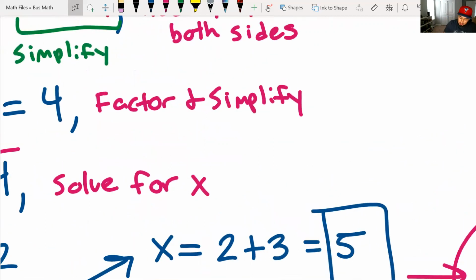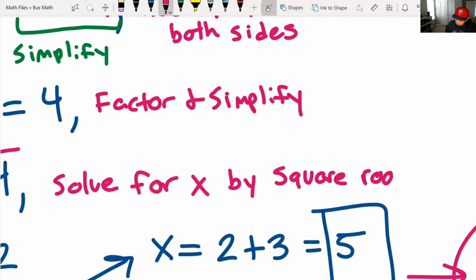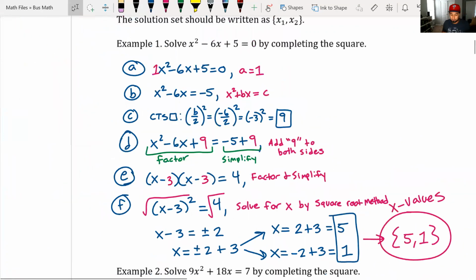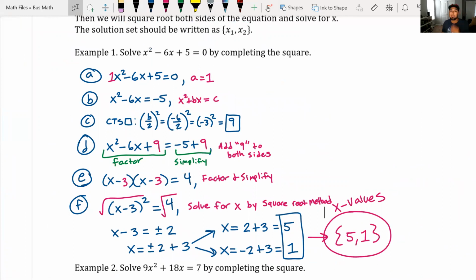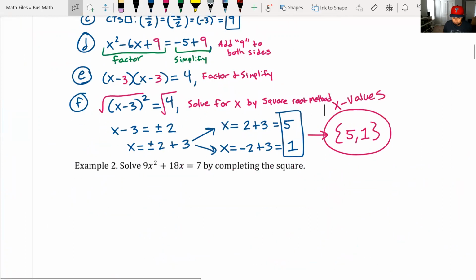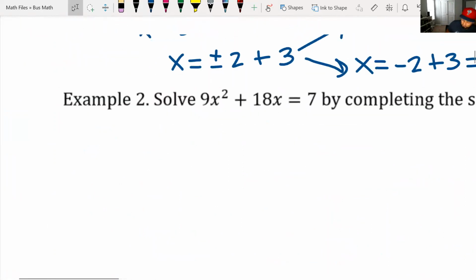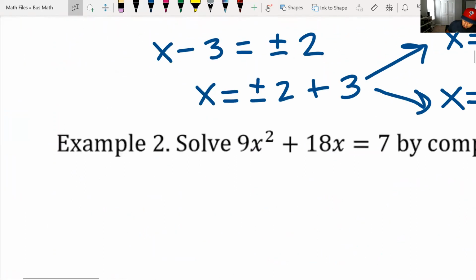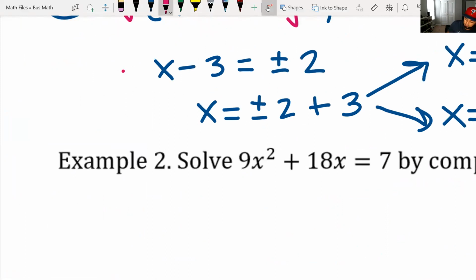I'll say solve for x by square root method. Okay, let's do it again.